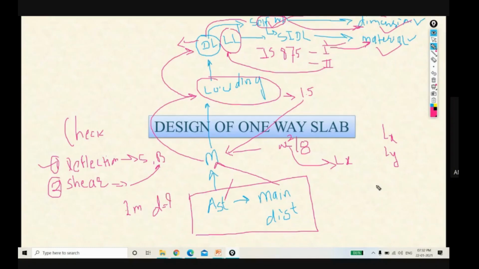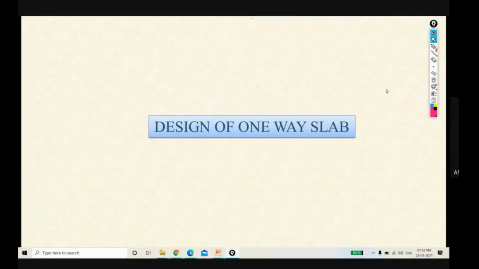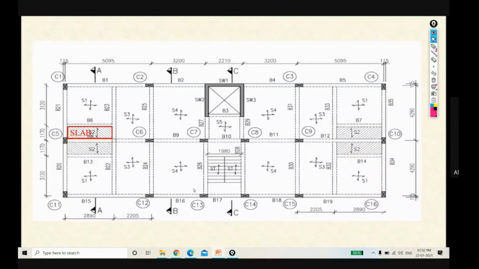Okay, so we will proceed to design. We will see one by one how to design a slab. Suppose this is our plan, and in this slab plan, first we will focus on the one way slab. In the total span there are symbols: this is the symbol for a two way slab and this is the symbol for a one way slab.